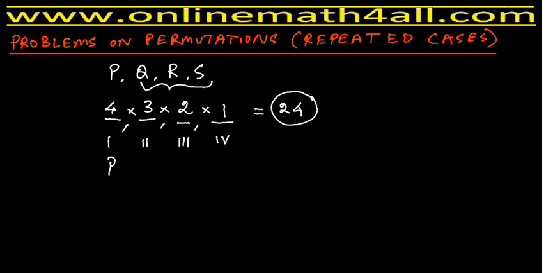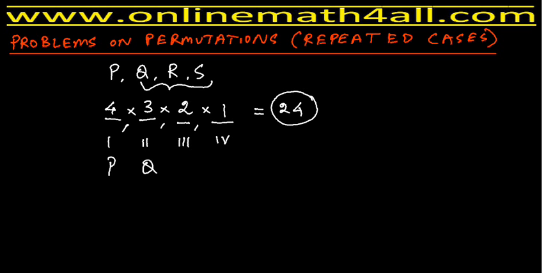Suppose I fix Q in the second blank. Then for the next blank we'll have only 2 options, that is R and S. Either of these 2 letters can be fixed in the third position, and that is why we write 2. So it's very clear that in these 24 new words, no letter P or Q or R or S will be repeated. Each and every letter will come only once.